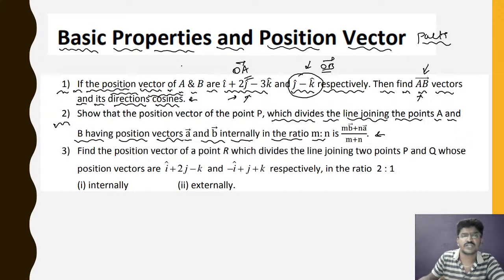This is the position vector of point A, this is the position vector of point B. OA vector is the first term, OB vector is the second term, as given in the problem.